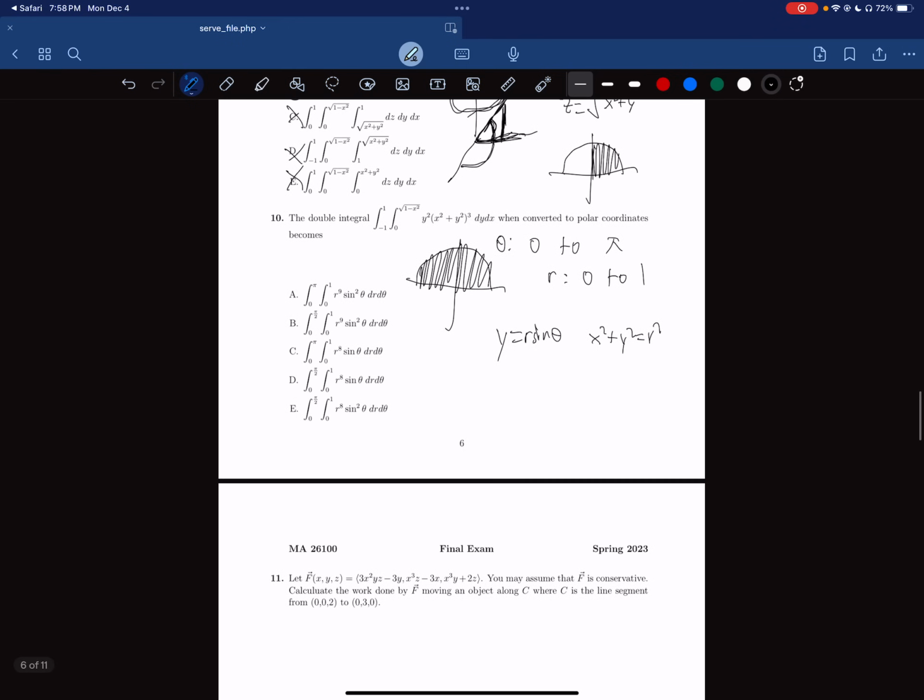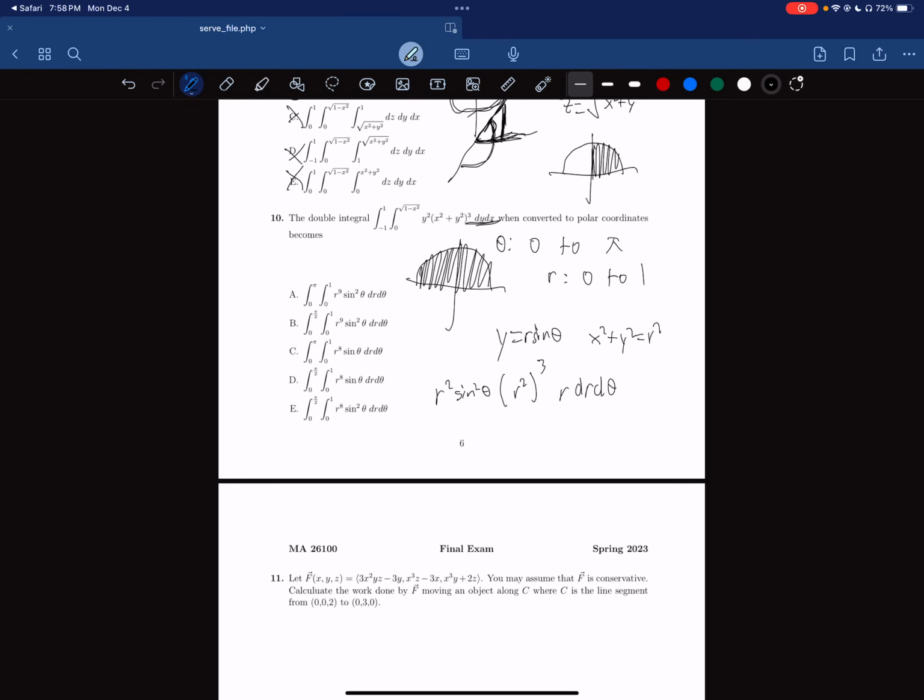And we should be on our jolly way here. So we're going to get r squared sine squared theta times (r squared) cubed. I'm just writing the integrand here because that's all we need. We already have the bounds. dy dx in polar is r dr d theta, so we're going to just multiply by another r. Dr d theta, very nice.